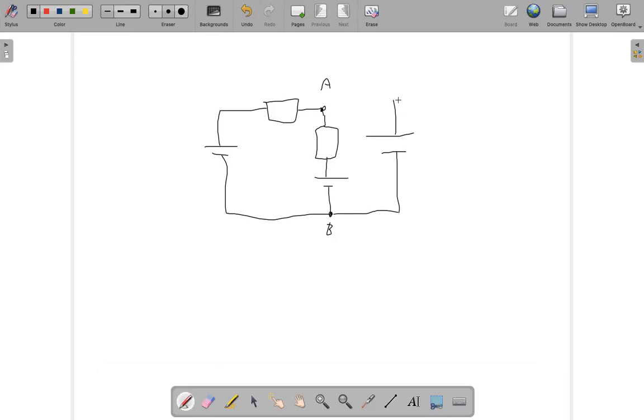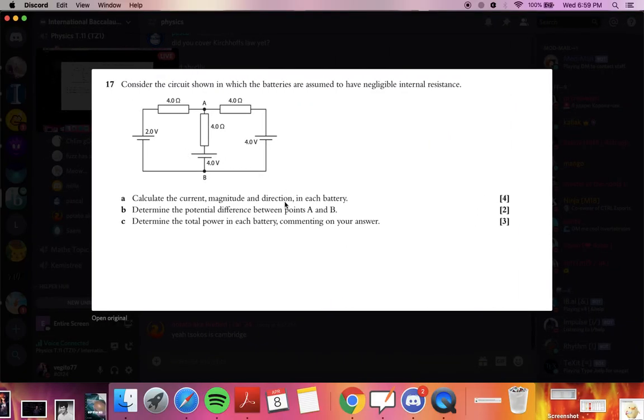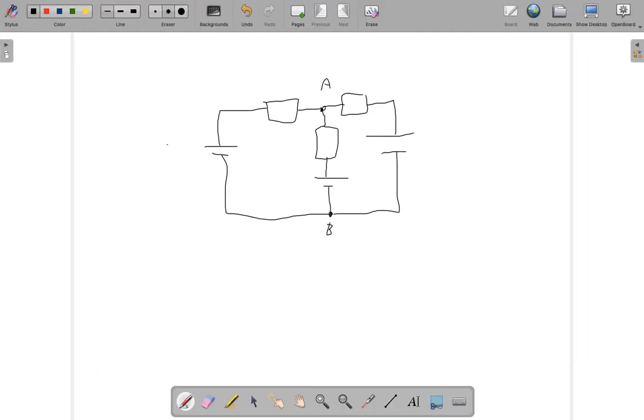And another resistor over here. Yep, so of course questions can get really tricky. 2 volts, 4 volts, 4 volts, all resistors are 4 ohms. 2V, 2V, 4V.